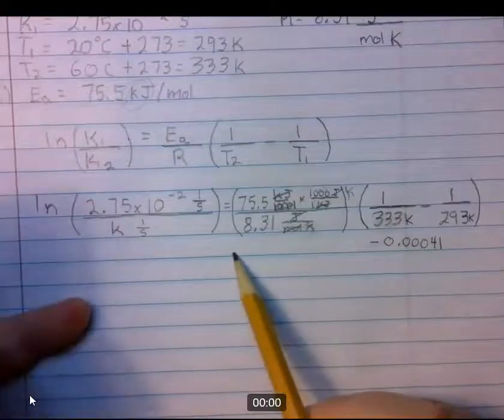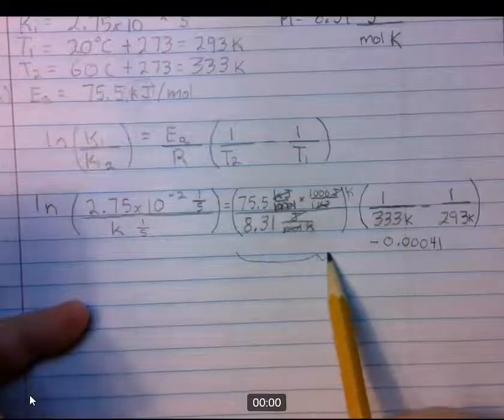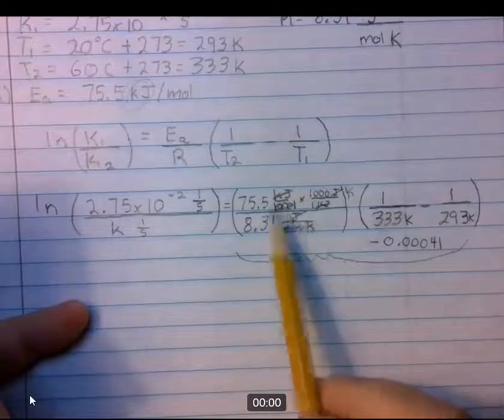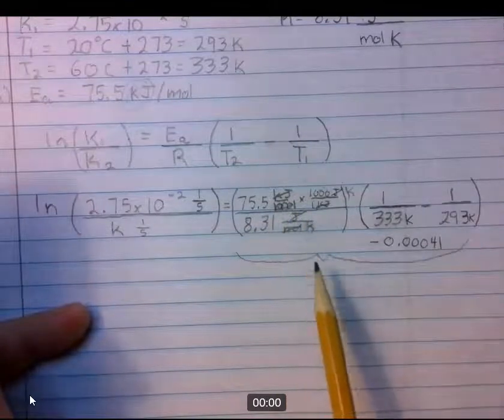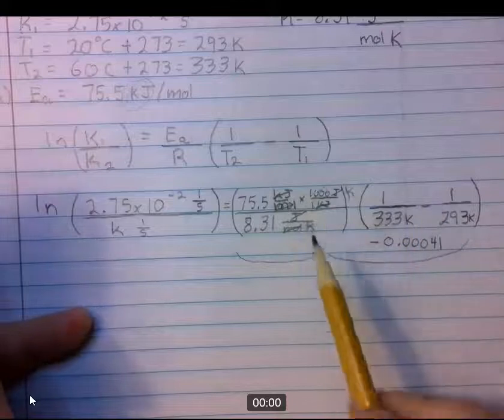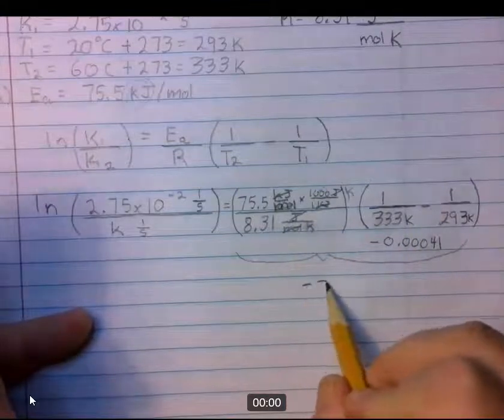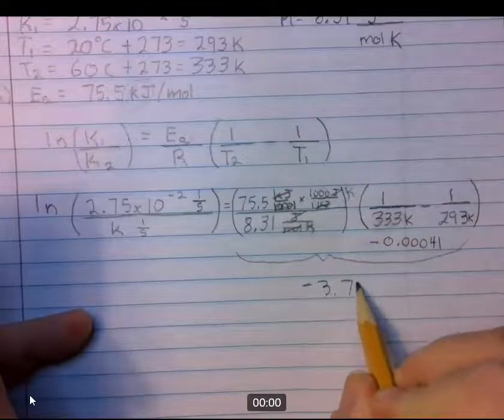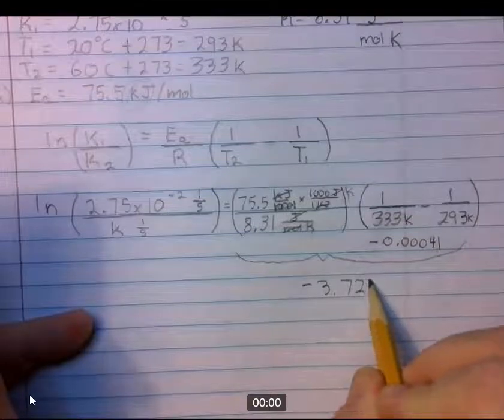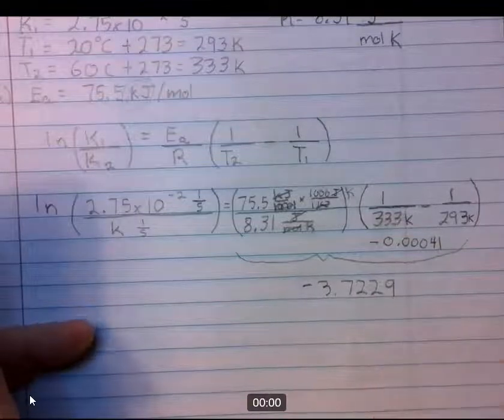And what I get for this entire term over here on the right side, I didn't figure out what just that is by itself, but the entire thing is negative 3.7229.